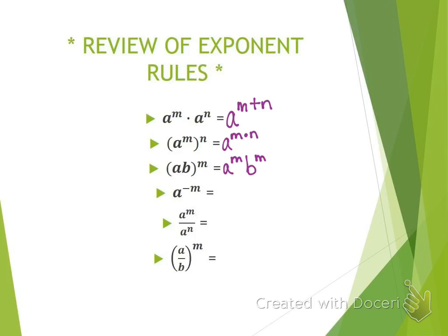The fourth one is possibly one of the most forgotten or most confused rules that we have. If we have a negative exponent, how do we write it as a positive exponent?